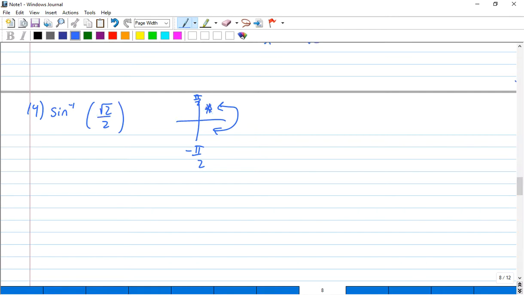So tell me, the sine of what angle measure equals square root of 2 over 2? So you just need to look at the y coordinate in the first quadrant, and you get theta, where the answer is what? Pi over 4.